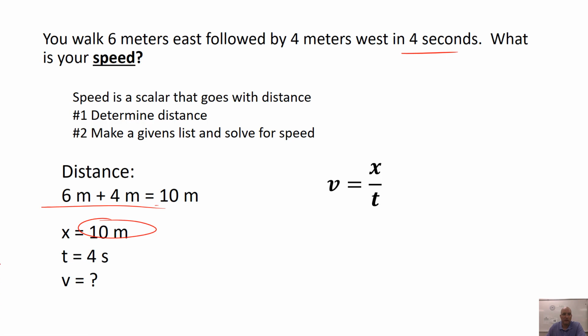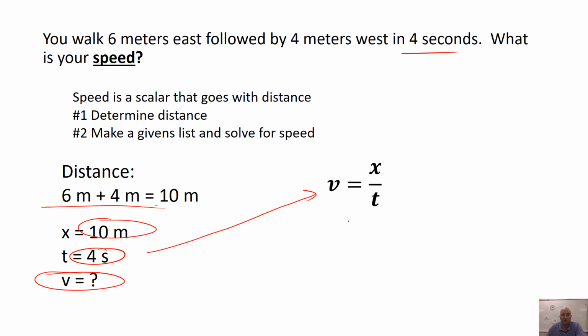We throw that in. Right now it's insignificant, but in the future it's going to be more significant when we have more equations going on. But we are asked the question speed. Make sure that you have the variable v equals question mark. This is going to be important in determining the equation you're going to use. And when you're looking on the equation sheet, you're going to find something that has the x, the v, and the t in it.